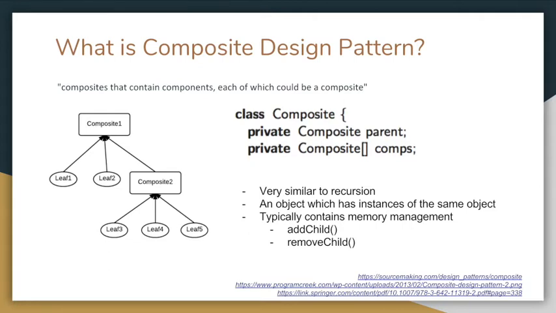Those 3 child nodes, Leaf 3, Leaf 4, and Leaf 5, each contain no children nodes of type composite, but all point to Composite 2 as the parent composite node. This is why the composite design pattern creates a tree-like structure. These tree structures can be traversed in the same way normal trees are traversed, typically by recursion. You can traverse them in breadth first or depth first fashion.